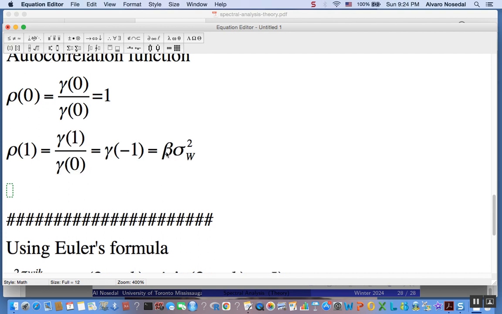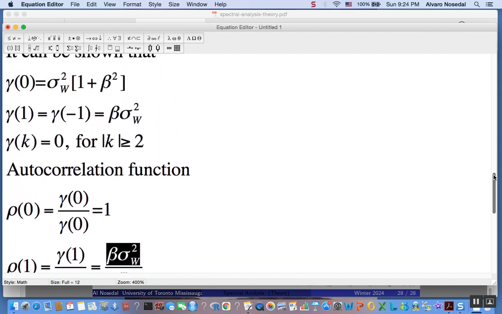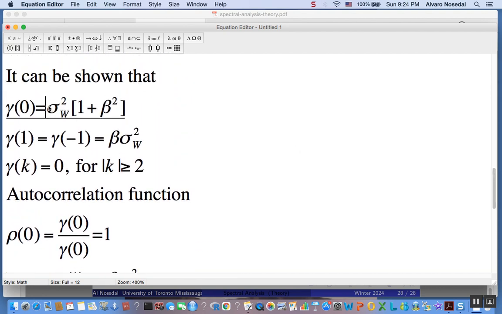What we're doing here is dividing gamma at 1 by gamma at 0.